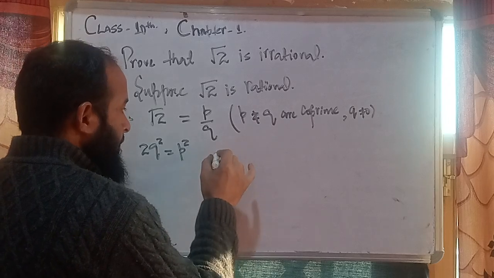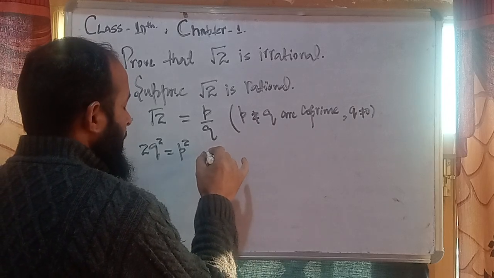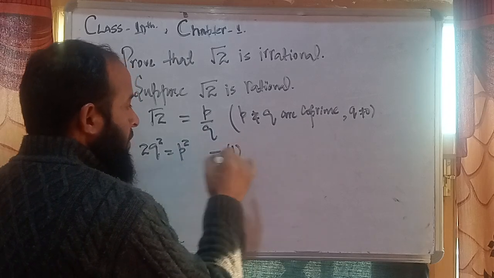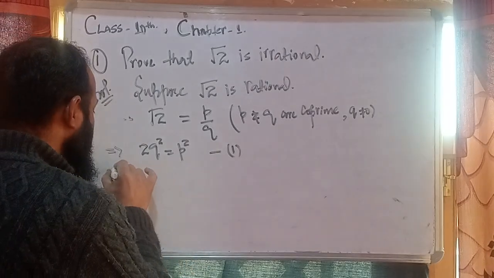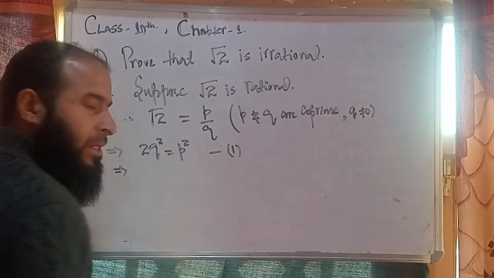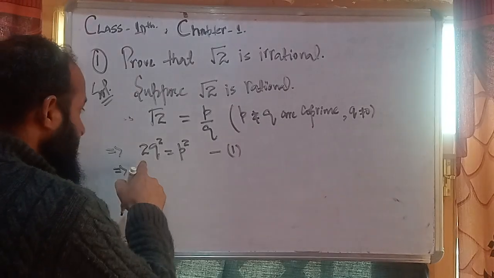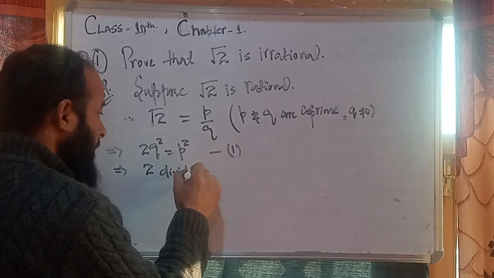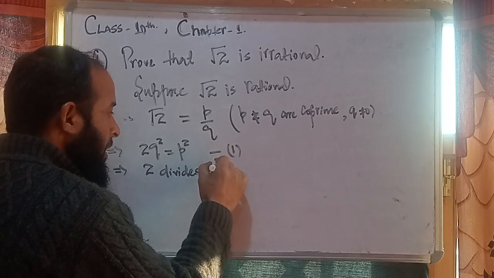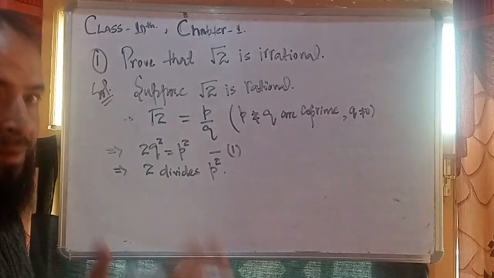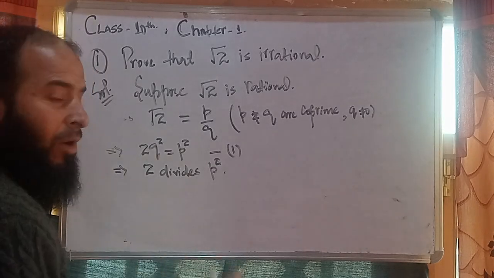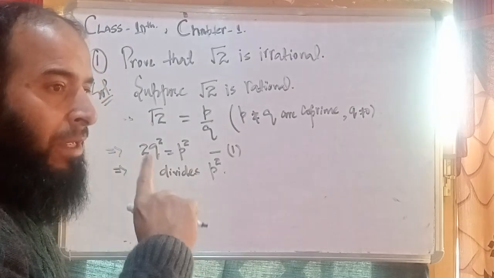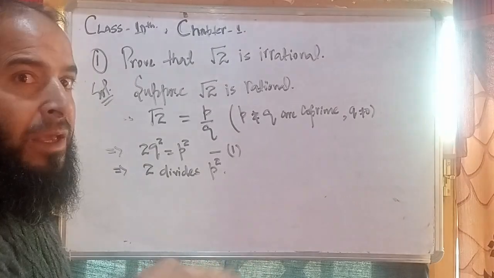Let us mark this as first: 2q square is equal to p square. This gives 2 divides p square. I will again remind you of that very result: if p is a prime number and p divides a square, then p divides a.